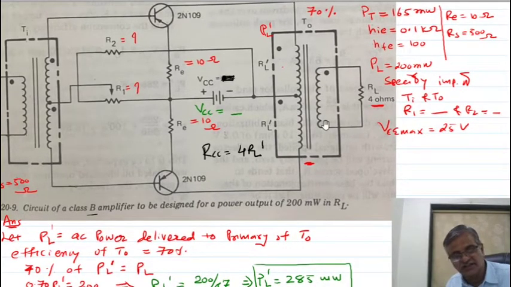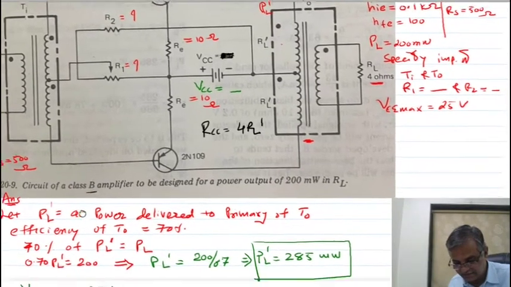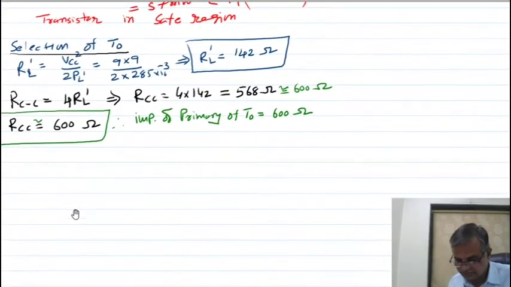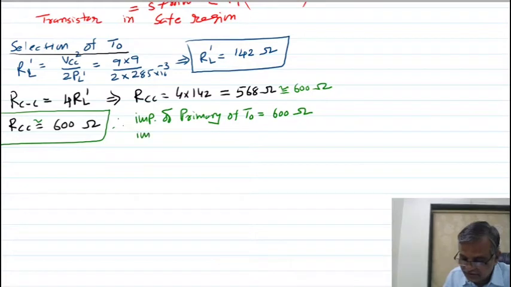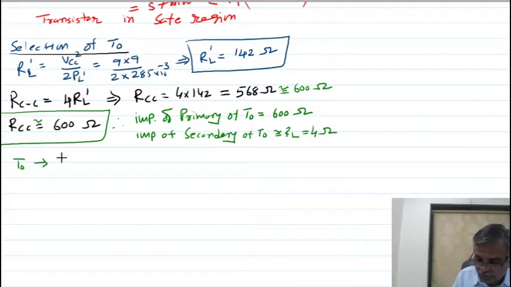So the impedance of the secondary of TO should be of the order of RL, so it should be of the order of 4 ohm. So my TO should have an impedance ratio of 600 to 4 ohm.